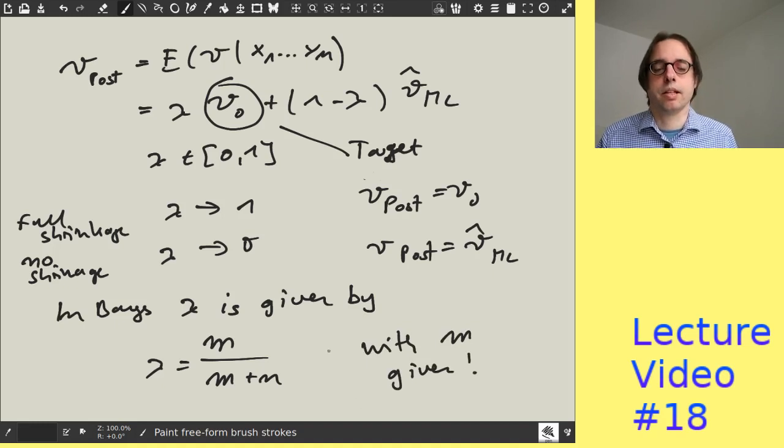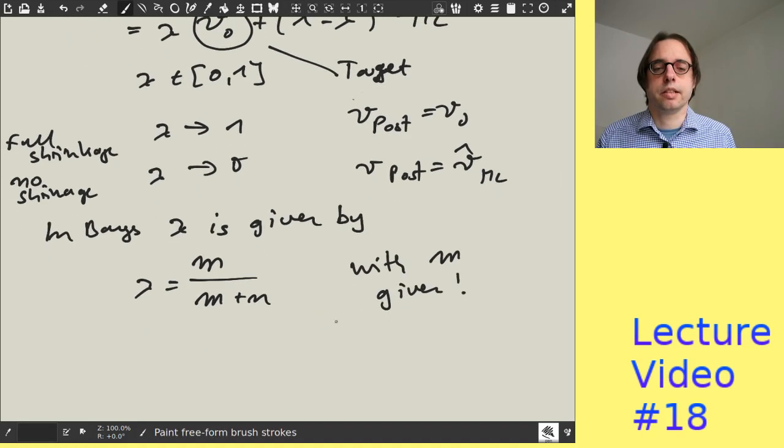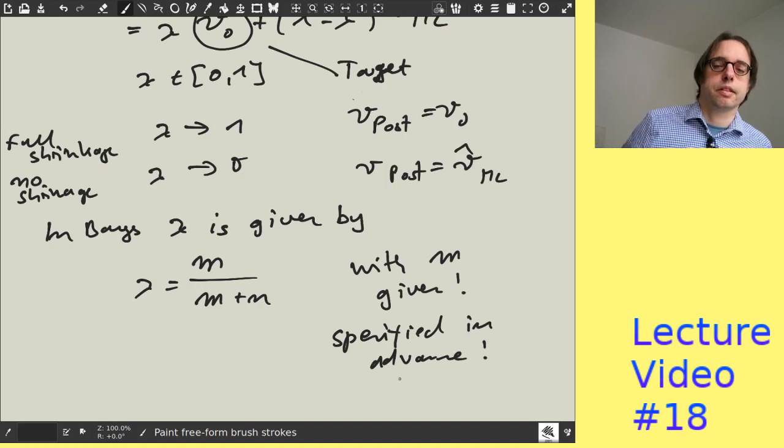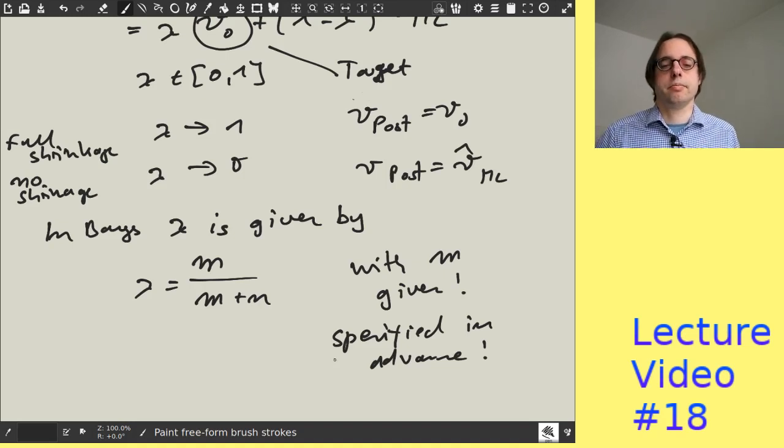So m is a hyperparameter, so that's specified in advance. That's good and that's bad in a way, because sometimes we actually don't want to specify this.